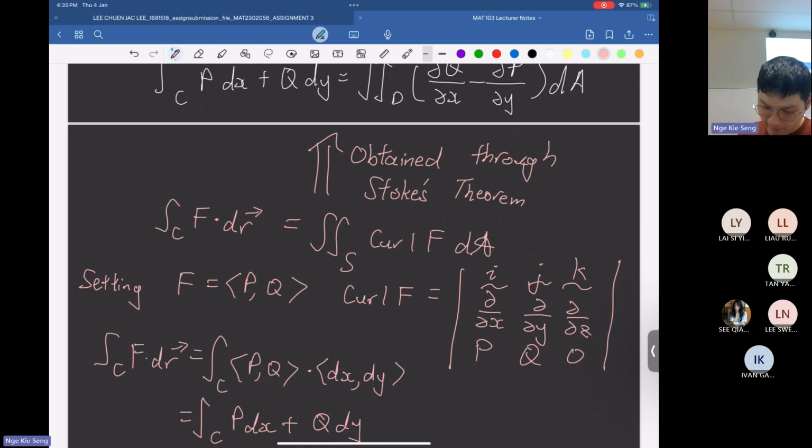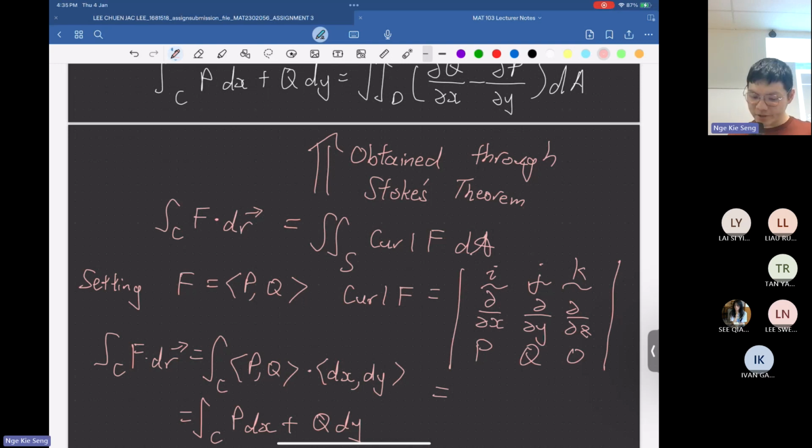So what is curl F here? I believe, let me see. Partial derivatives with respect to z can be 0, right? That's what I thought.